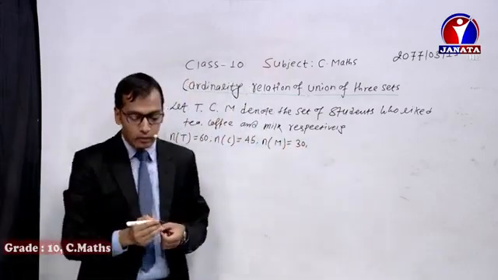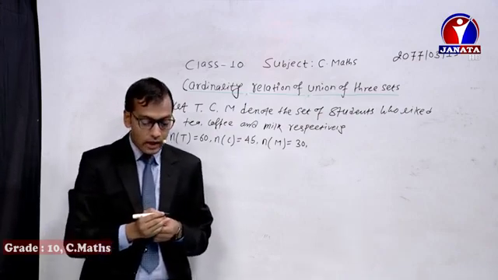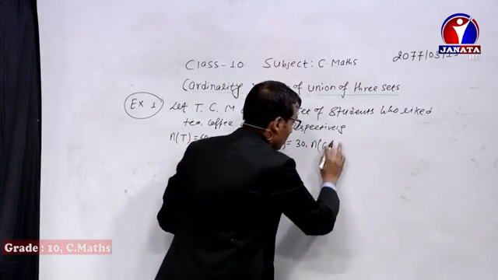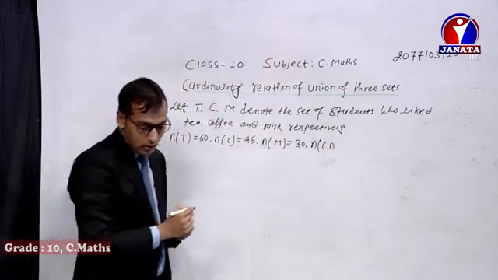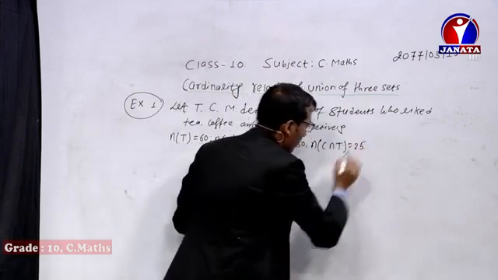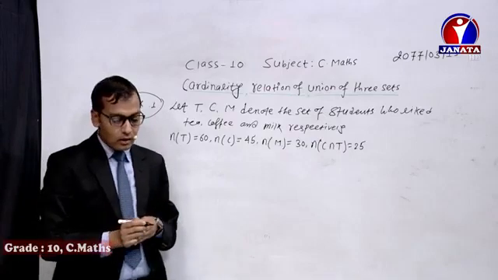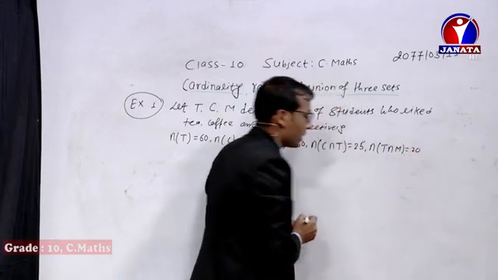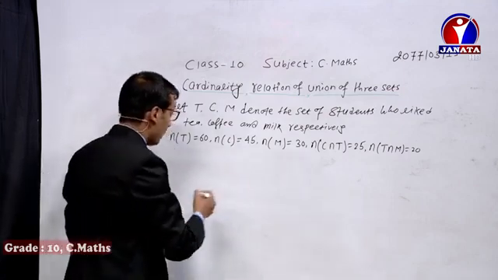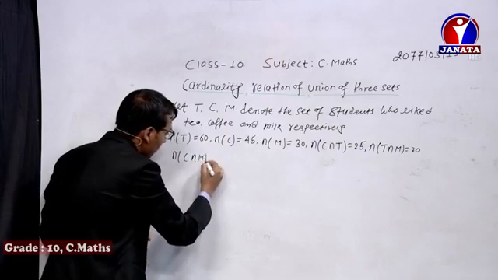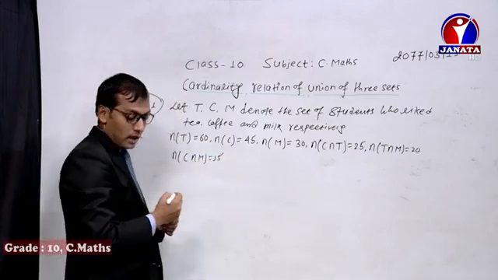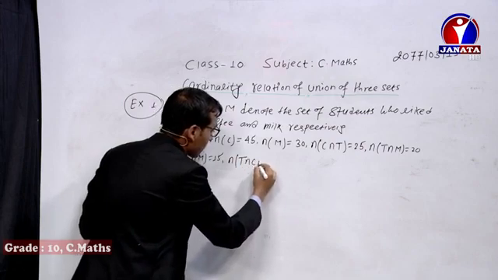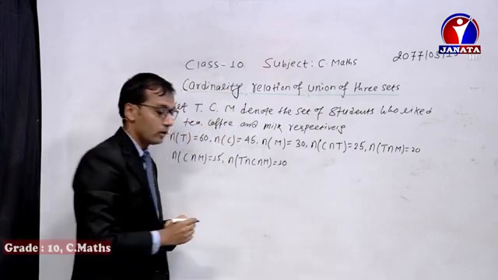n(M) is 30. Now let's write the information that is common. 25 liked coffee as well as tea, so n(C ∩ T) is 25. 20 liked tea as well as milk, n(T ∩ M) is 20. 15 liked coffee and milk, n(C ∩ M) is 15, and 10 liked all three, n(T ∩ C ∩ M) is 10.